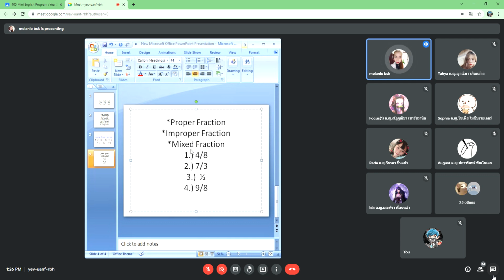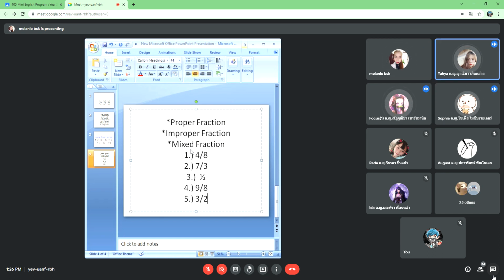Okay. So, one more. We're going to have number 5. Mixed number, very easy. You only have the whole number and a proper fraction. That is a mixed fraction already. I think you are not yet sure with proper and improper fractions. Okay, how about 3/2? Proper or improper fraction?